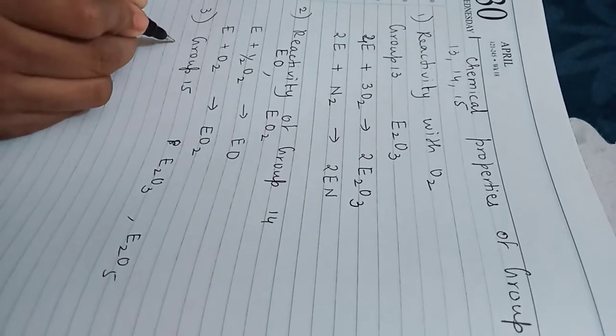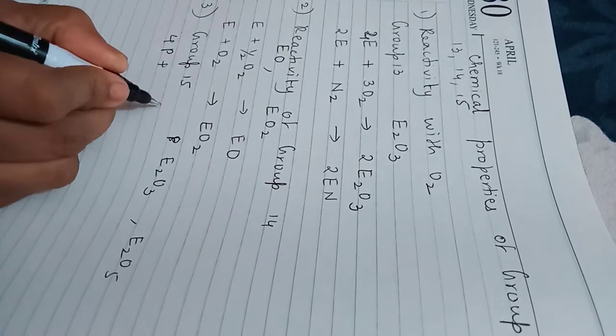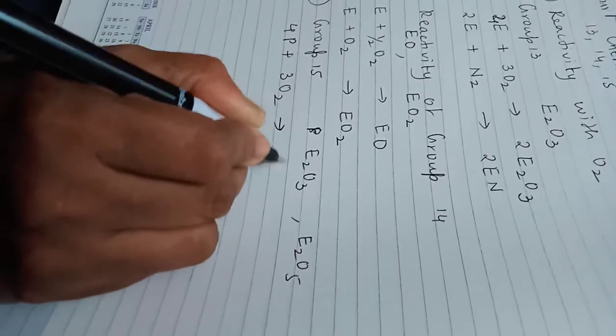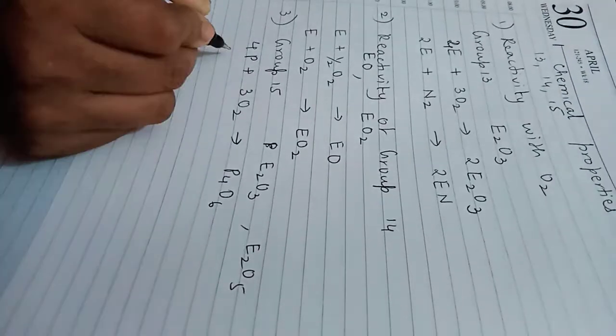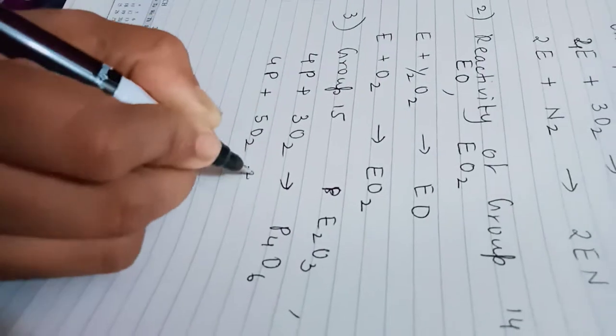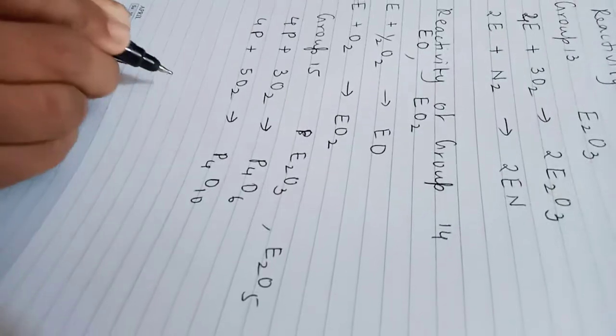For example, P, phosphorus, is the element of group 15. 4P plus 3O2 forms what? P4O6. 4P plus 5O2 forms oxides of the form P4O10.